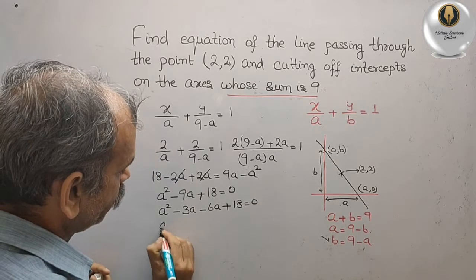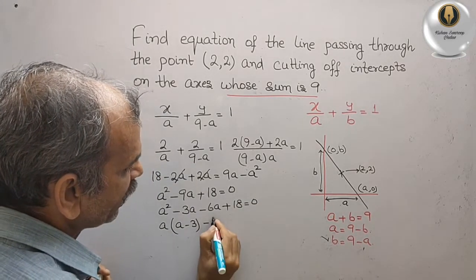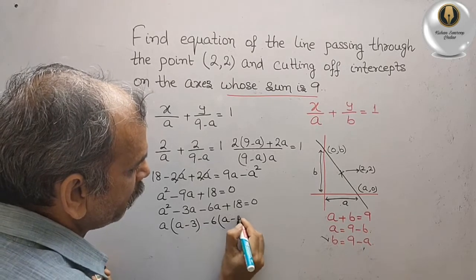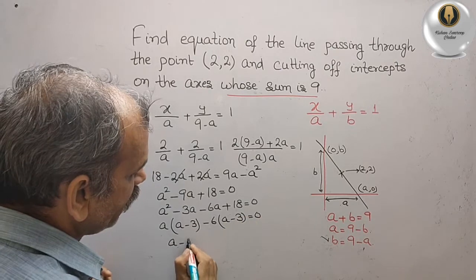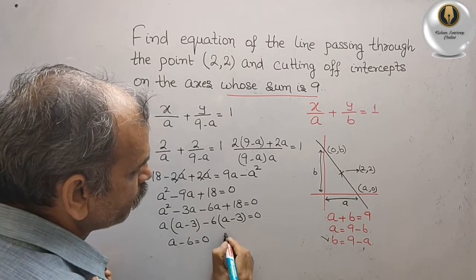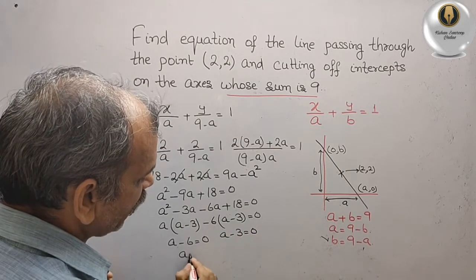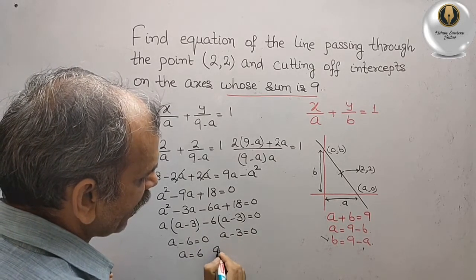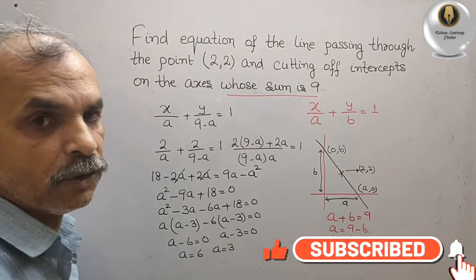Now A is common: A(A minus 3) minus 6(A minus 3) is 0. That means A minus 6 is equal to 0 and A minus 3 is equal to 0. We get A is equal to 6 and A is equal to 3. These are the two values.